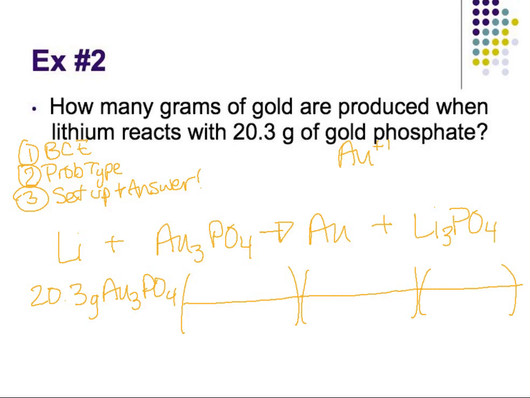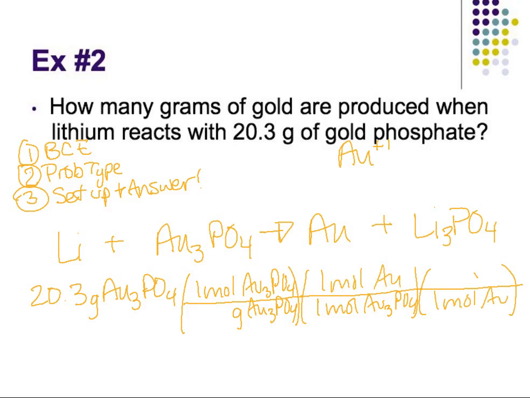So first, cross cancel. AU3PO4. 1 mole on top. Mole ratio, 1:1. 1 mole AU3PO4. 1 mole AU. And we'll turn that into grams of AU.